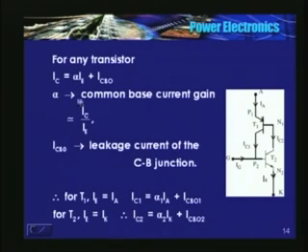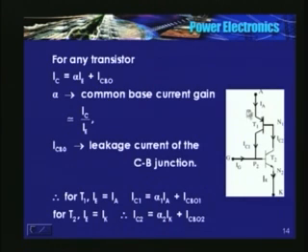Alpha is also approximately equal to IC divided by IE. And what is ICBO? It is the leakage current of the collector base junction. So this is a common equation: IC is equal to alpha into IE plus ICBO.